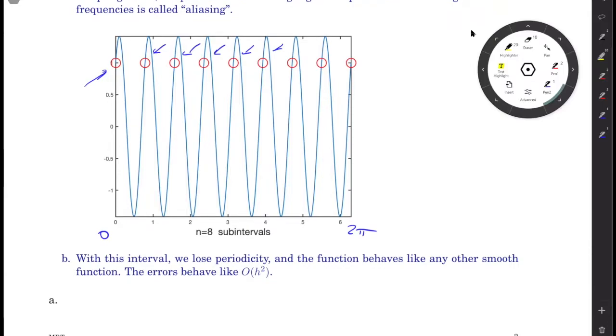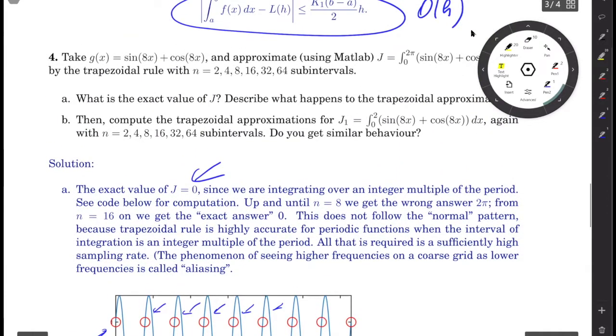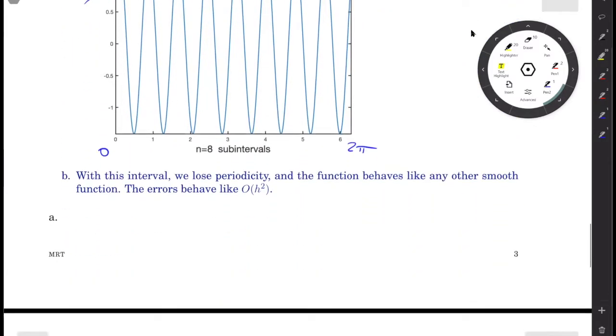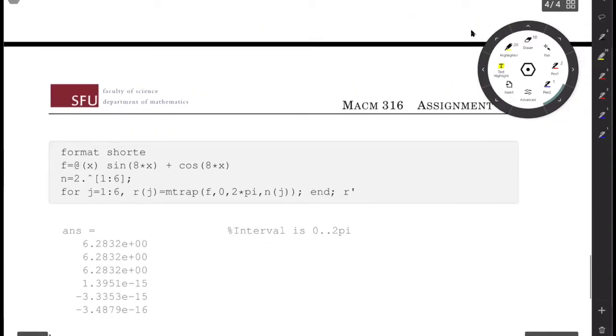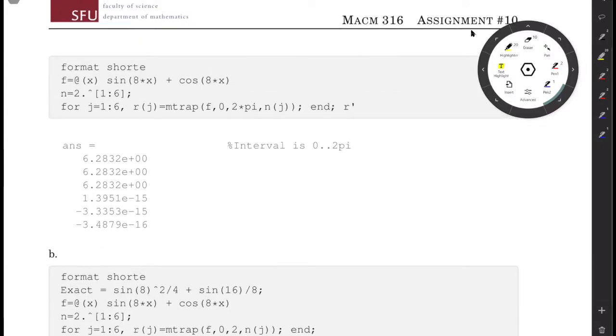If you go with problem number B, where the interval is 0 to 2, then we no longer have periodicity, and the errors behave just the way we expect them. So nothing too exciting. So here's the interval 0 to 2 pi, and you can see that up to here we're getting 2 pi as the answer, and then we're basically getting 0 as the answer.